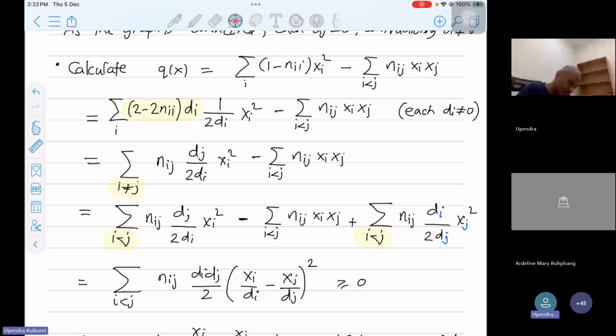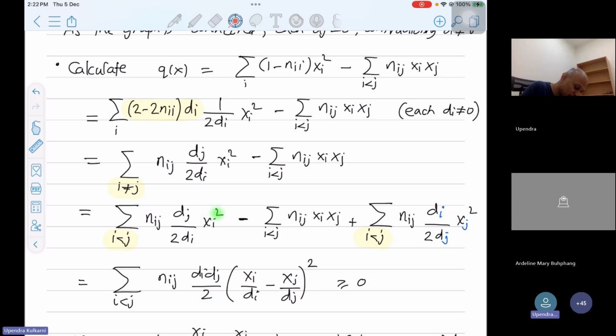All right, so now I have summation over i less than j in all three terms. So I just take it out, and I notice that what I have inside is that this Nij is common, and I take di times dj as common thing. Therefore, I get some denominators. So over here, the by 2 has also come.